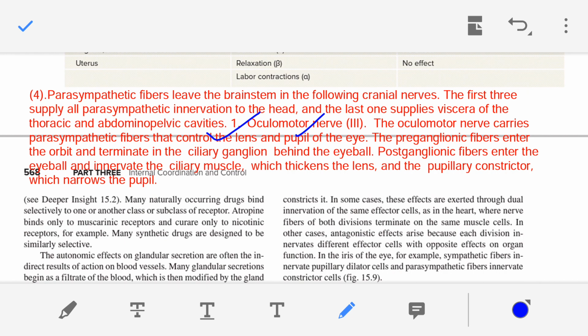Now the preganglionic fibers enter the orbit. You can imagine how long they are. They enter the orbit and terminate in the ciliary ganglion, which is present behind the eyeball.